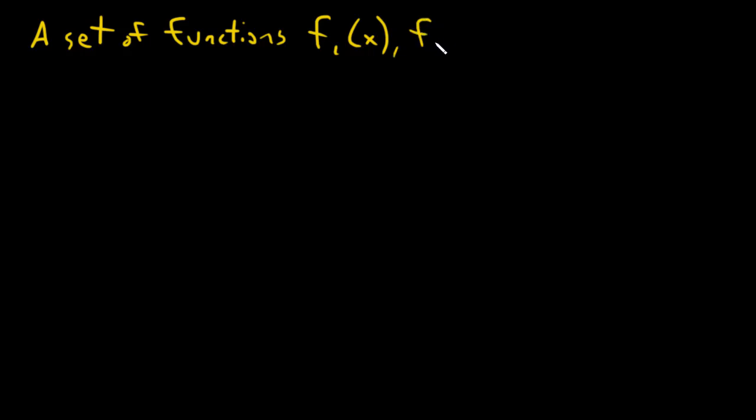Okay, so let's say we have a set of functions, and we're going to call them f1 of x, f2 of x, f3, dot dot dot, all the way down to f sub n of x. Let's say that I have this set of functions.